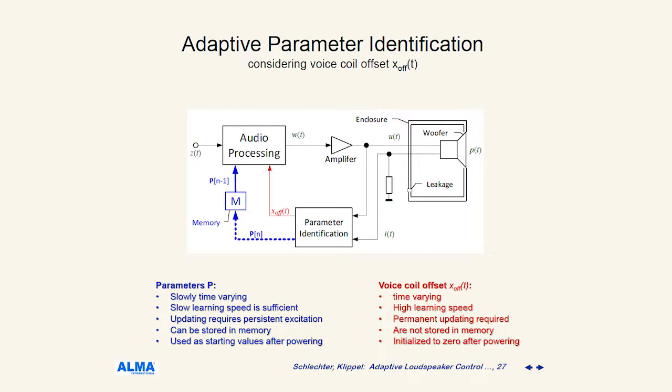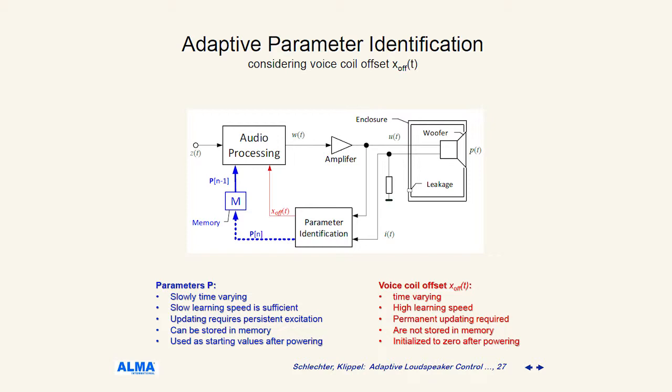We can do that because the parameters p, in the vector p, are slowly time varying. We can learn them with a slow learning constant, but we need a persistent excitation.